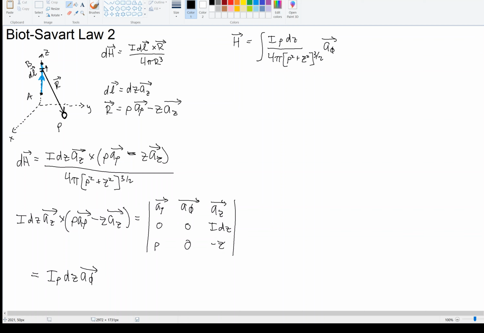Now we saw an integral like this for Coulomb's law. These kinds of integrals come up a lot in electromagnetics. We're going to let z equal rho cotangent of, not phi, theta.